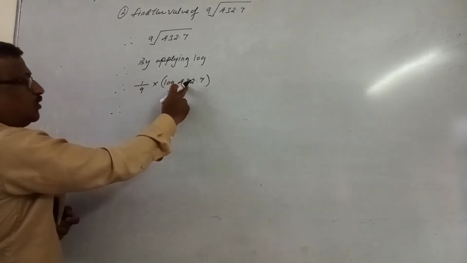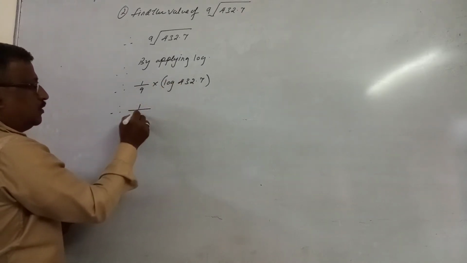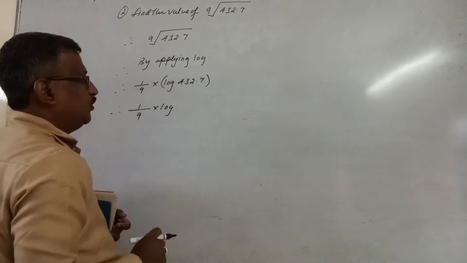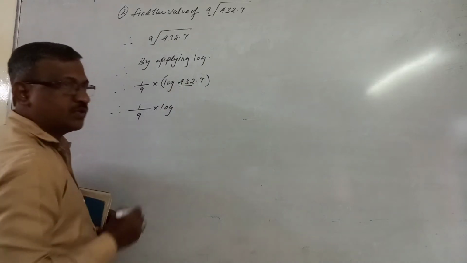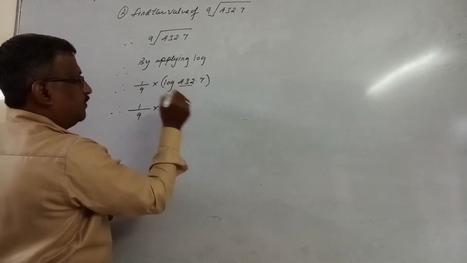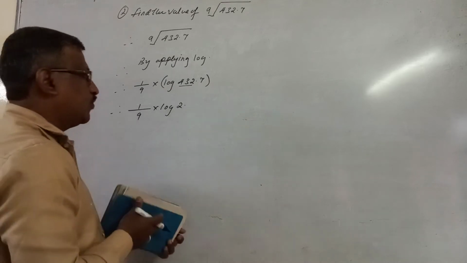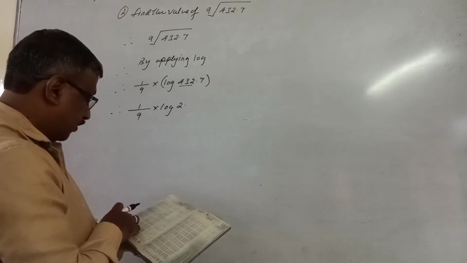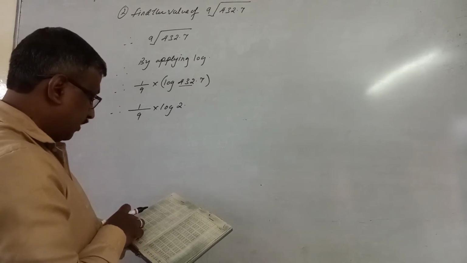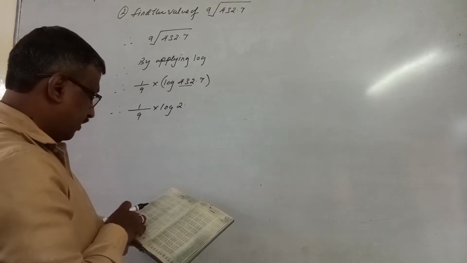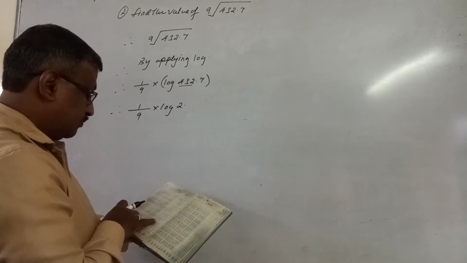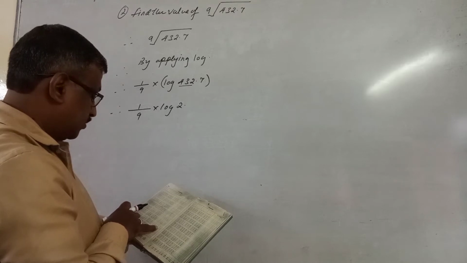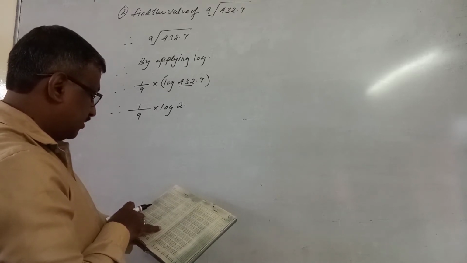So first we calculate the log of this number. Keep this 1 by 9 as it is, into the log of 432.7. First write the characteristic. The characteristic of this number will be 2, place the decimal point and go for log. In the log you have to see 43 second column. 43 second column comes to 6355, and mean difference 7th column. So mean difference 7th column you will get 7. Clear? So add that 7, so you get 6362.